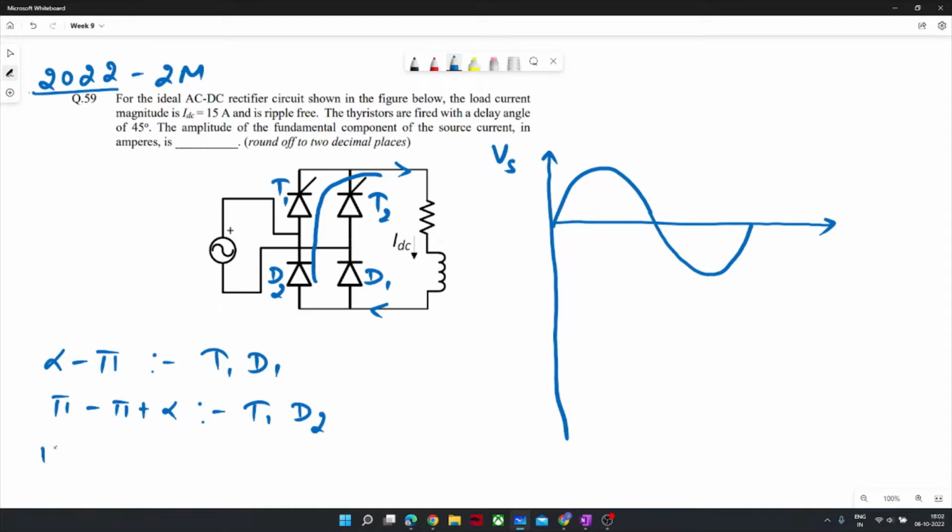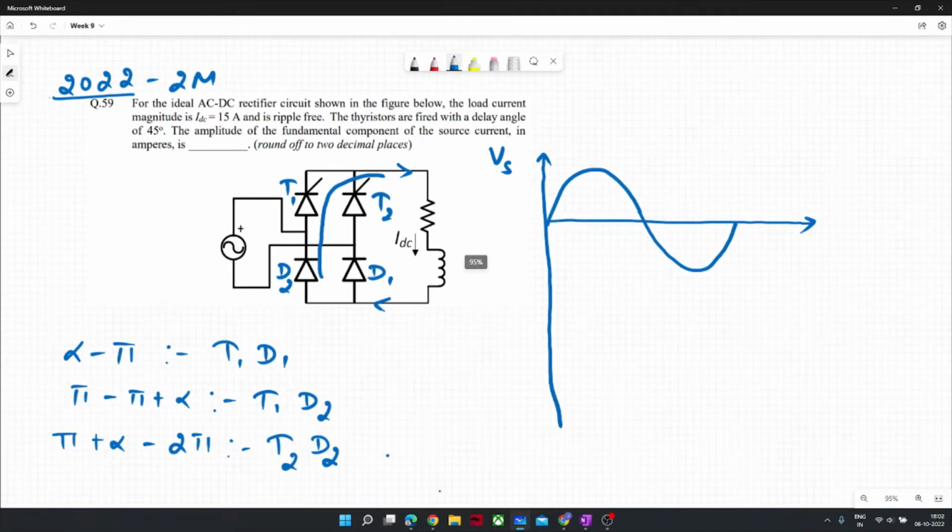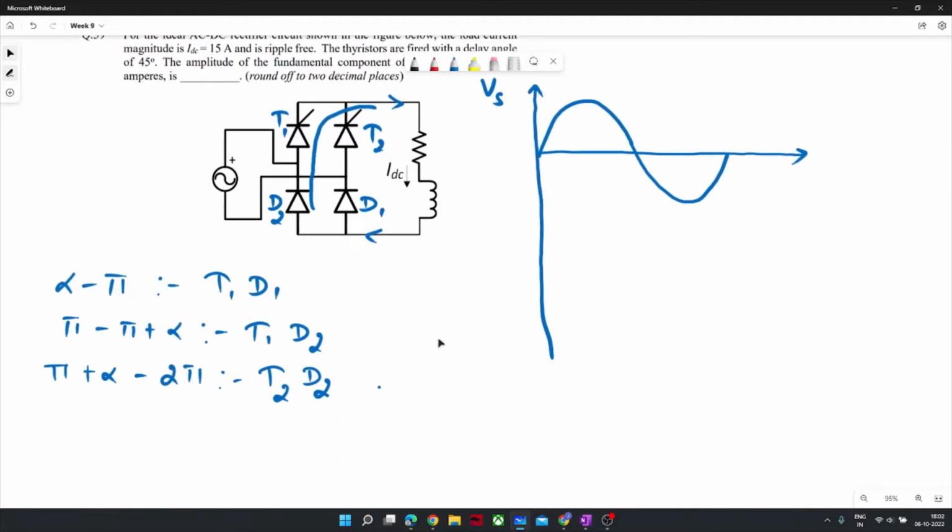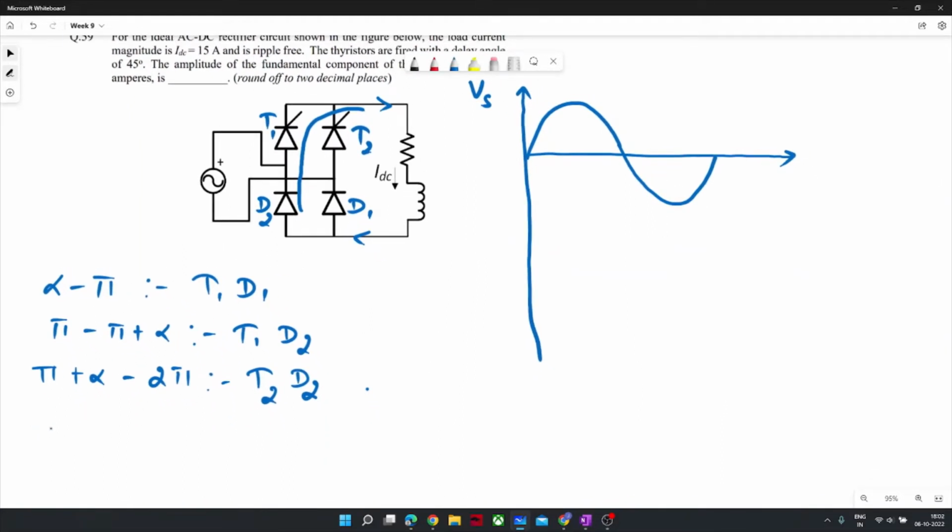After that, from pi plus alpha to 2 pi, at pi plus alpha, T2 will get turned on. So T2 will conduct, and D2 anyway will conduct because that is an uncontrolled switch. For one more instance, 2 pi to 2 pi plus alpha, or you can say 0 to alpha, both are the same.